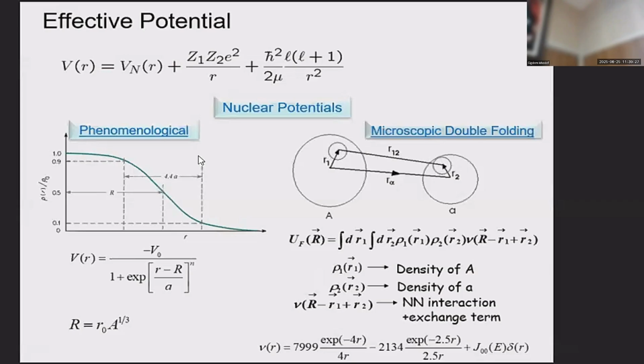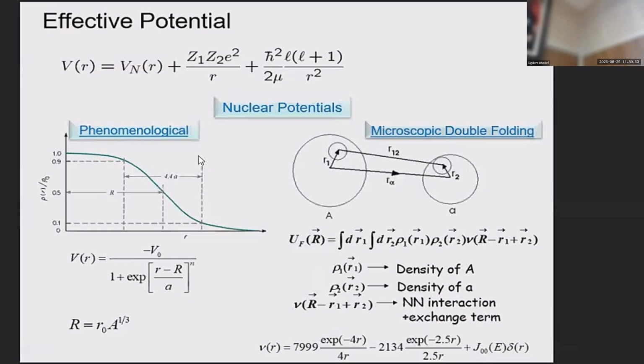Because of charge, they have this Coulomb repulsion, the Coulomb force. We also have the centrifugal potential, which depends on angular momentum: L equals 0 is the S state, L equals 1 is P, D, etc. Okay, this is the centrifugal potential.